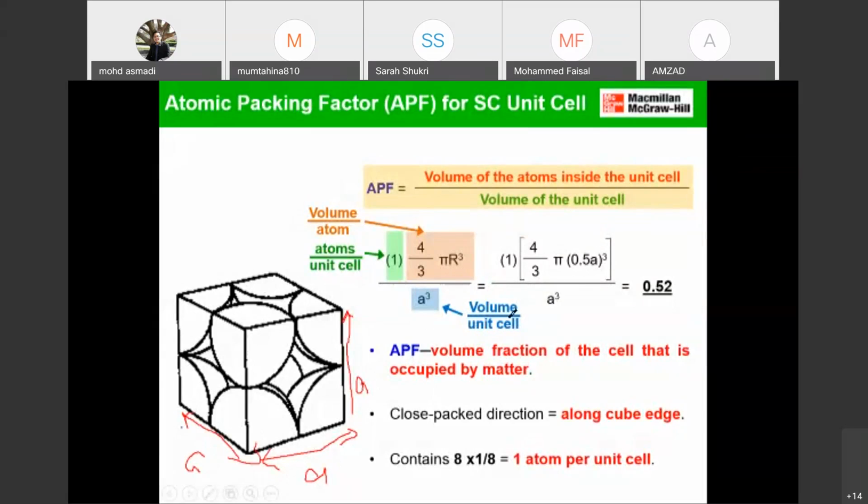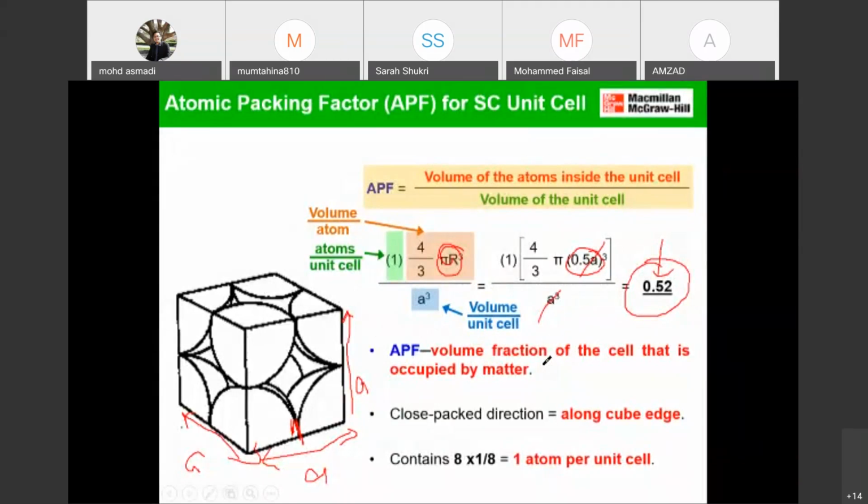From this, r is equal to 0.5a, because the radius is half of a. So it cancels out and we get 52%. That means the atomic packing factor is the volume fraction of the cell occupied by matter, only 52%, and the rest is void.